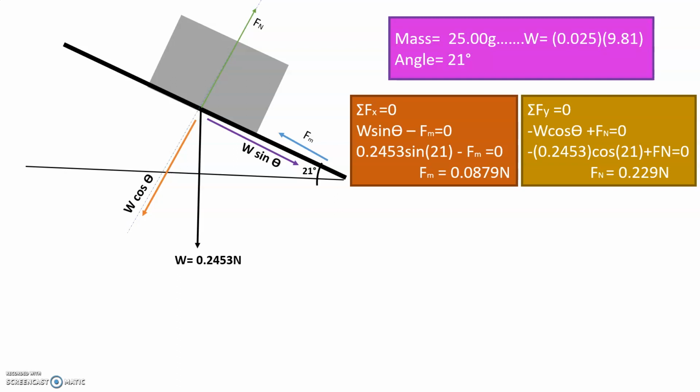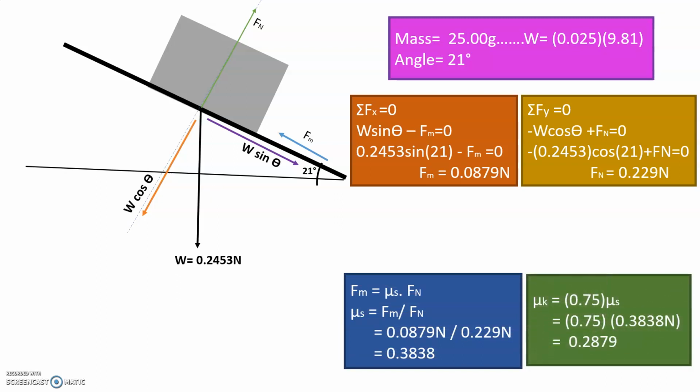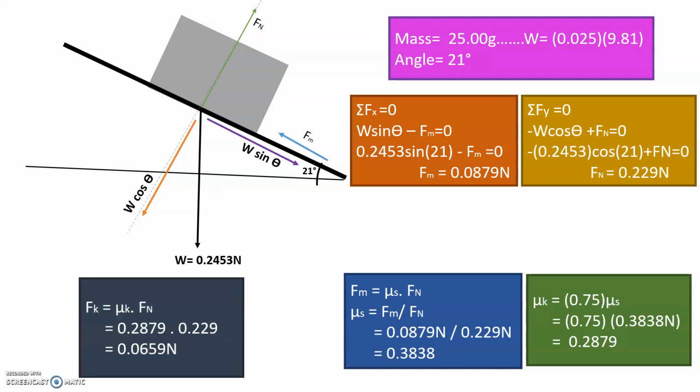So we can calculate mu k and mu s, which are the coefficient of kinetic friction and the coefficient of static friction. And from mu k, we can calculate Fk, which is the kinetic friction force.